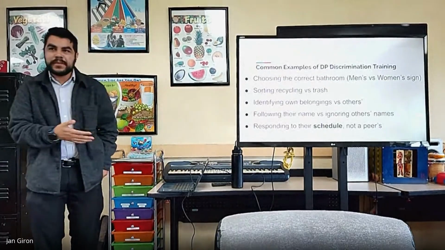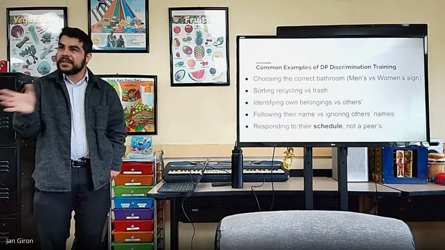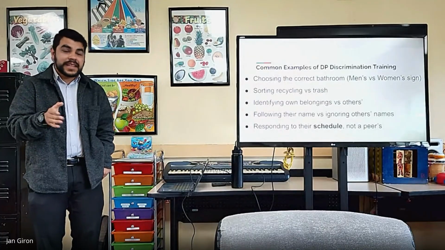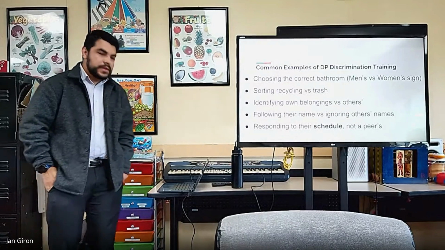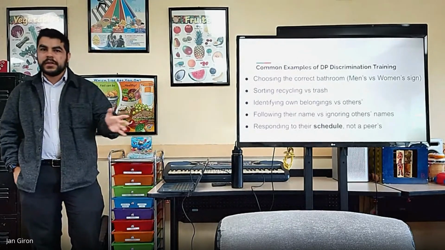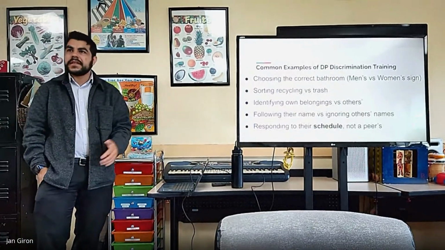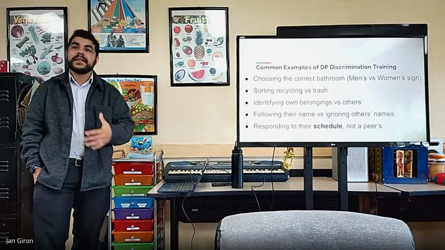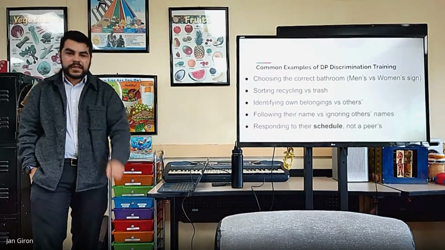So again, the bathroom one is a big one. Because an adult client who isn't able to distinguish between men's and women's restrooms can get in a lot of trouble. Same thing with being able to distinguish trash, regular rubbish, from recycling. I know there are some clients at the care homes who like collecting recycling, and then they go out the weekend to do their own recycling, and they get their own little money for that.